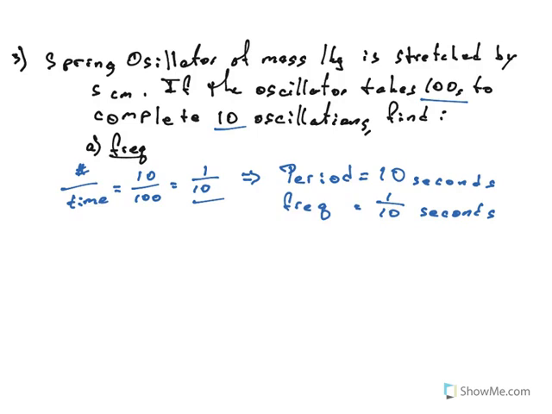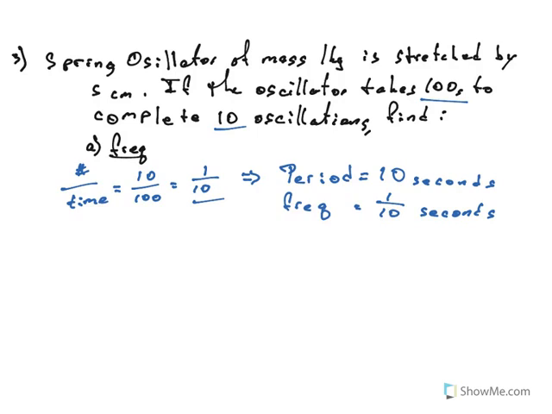Just to make sure that's clear, it's like saying I went 60 miles and it took me 2 hours to do it. Well, what's my speed? 60 miles in 2 hours means I did 30 miles in 1 hour, so my speed would be 30 miles per hour.